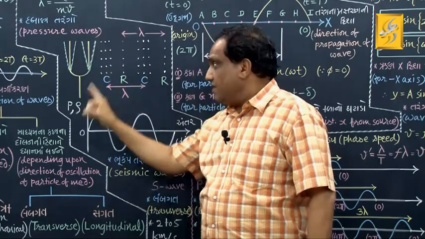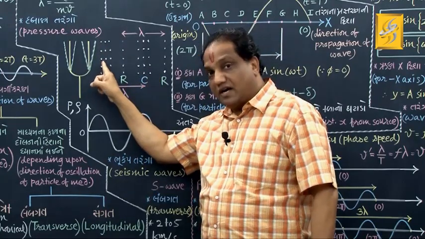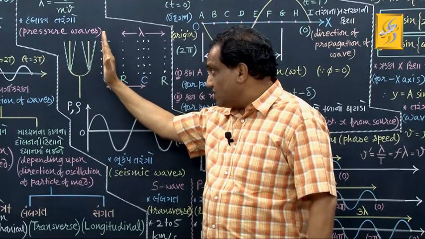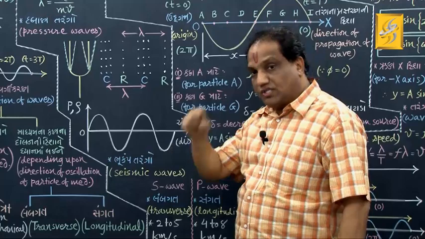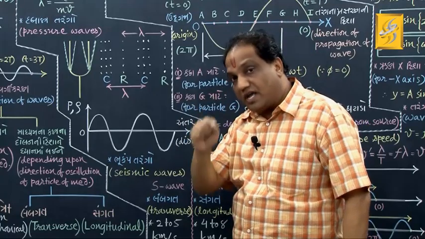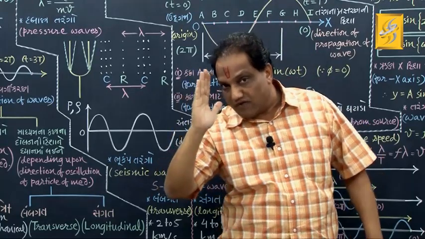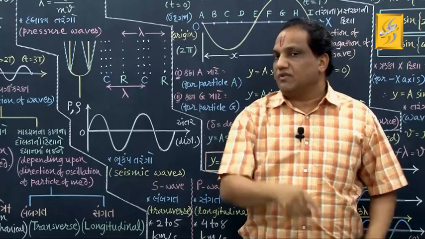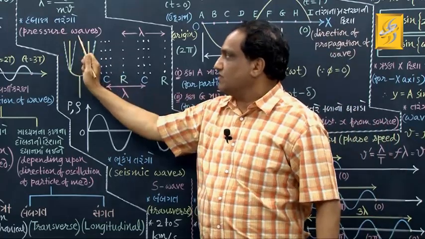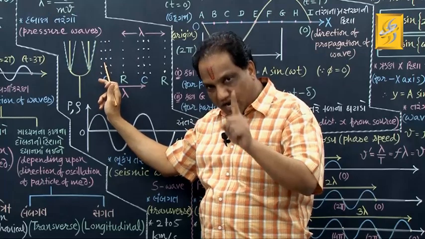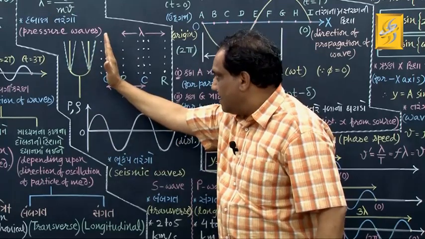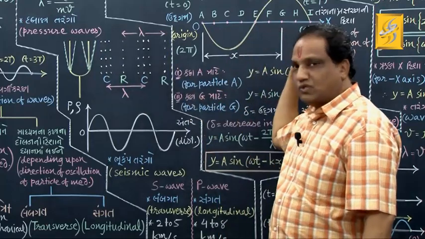But then the region of higher pressure and higher density goes on traveling this way, away from the source. Because the region of higher pressure and higher density goes on traveling, we call such waves pressure waves.